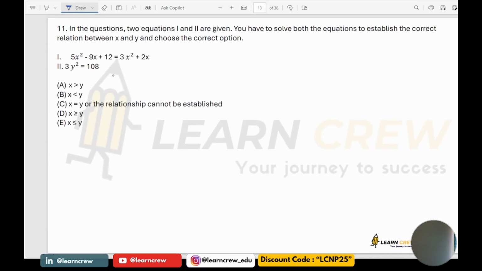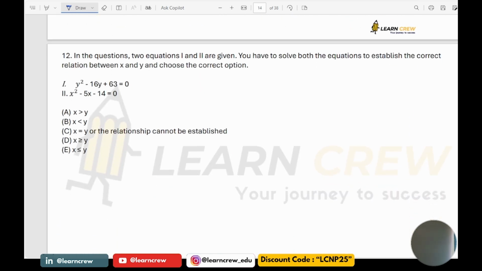Now questions based on quadratic equations. So if you see here, 5x square minus 3x square 2x square minus 11x plus 12. So I will get x as 4 or 3 by 2. 3y square is 36, y is equal to plus or minus 6. So here the relationship cannot be established.